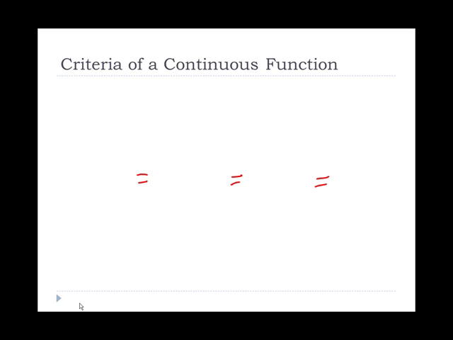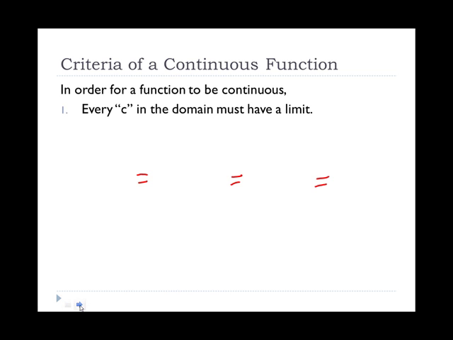So we might have approached a hole, but we approached from the left and we approached from the right, and now we're going to say there's a point there, and that's going to fill that hole if in fact there was one. So in order for a function to be continuous, for every c in the domain, so for every number we pick, there has to be a limit, and that limit has to be equal to the function value.